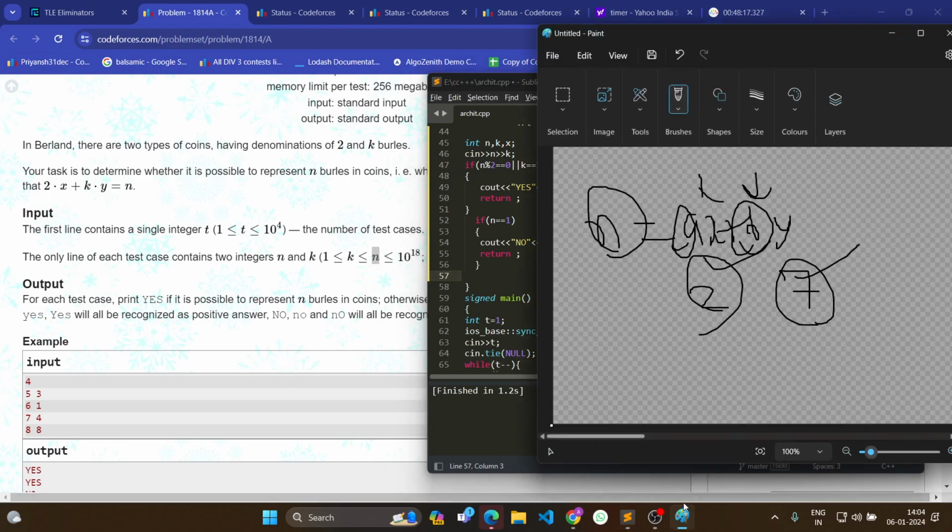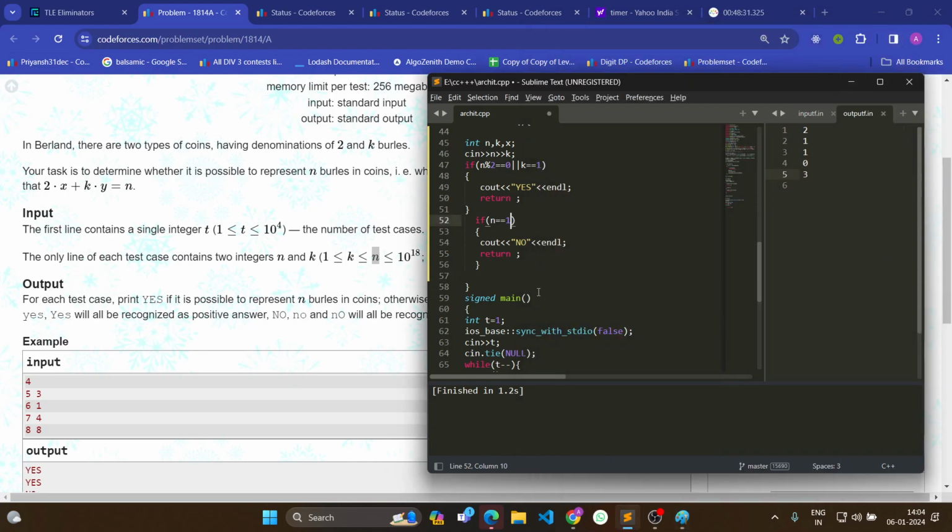Let's say k is 9 and n is 7. If it is 11 and 13. So if the GCD, if n is odd, or if n mod 2 is equal to 1 and k mod 2 is equal to 0, then it is always no. Otherwise the answer is always yes.